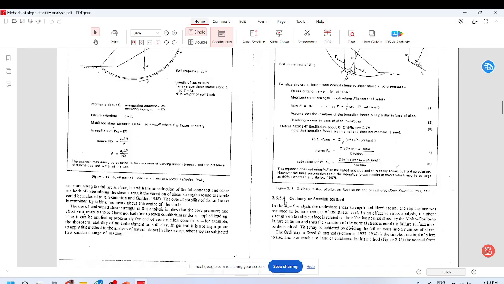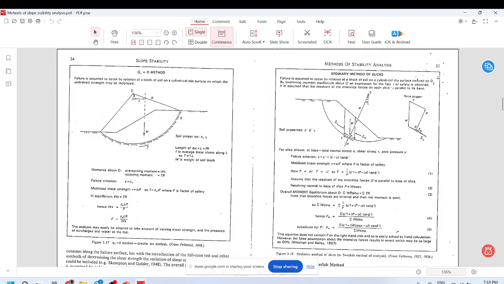So what is different here is that we will take the failure criteria as c' plus sigma' tan phi'. The mobilized shear strength tau is S by F, where F is the factor of safety. Now assume the resultant of the moment of equilibrium.